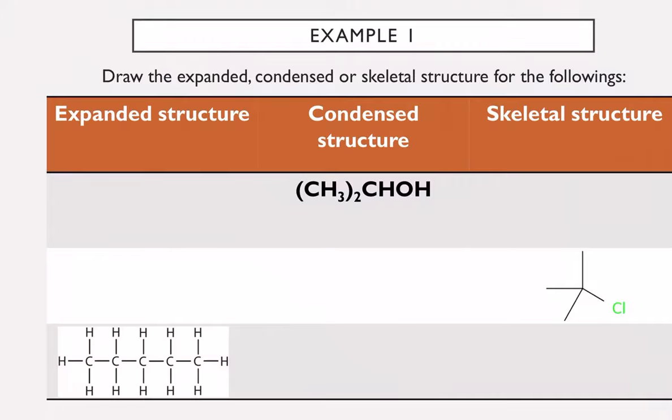So apa-apa pun, when you are given any of the structural formula, you first draw your expanded structure. So your expanded structure will look like macam mana? You have carbon 1, 2, 3, 4.